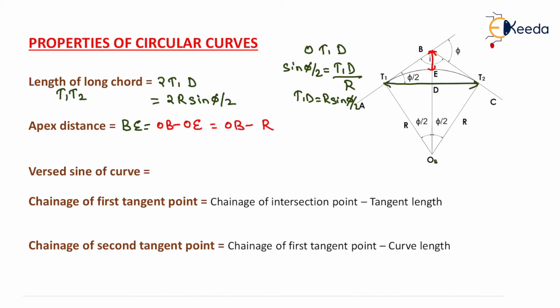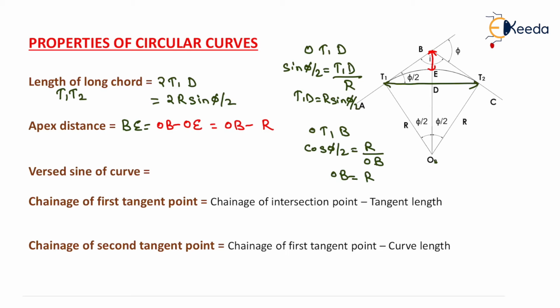Now the value of OB can be determined by the triangle OT1B. From the triangle OT1B, the value of cos phi by 2 will be equal to base upon hypotenuse, that is R upon OB. So OB will be equal to R upon cos phi by 2.